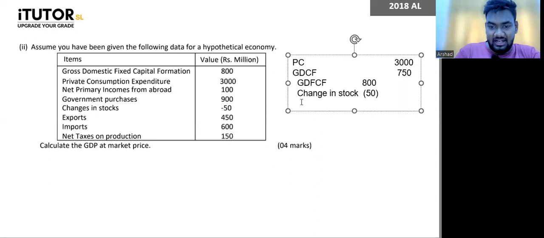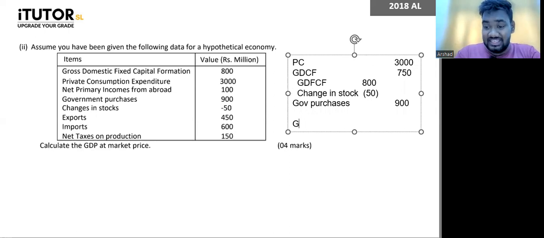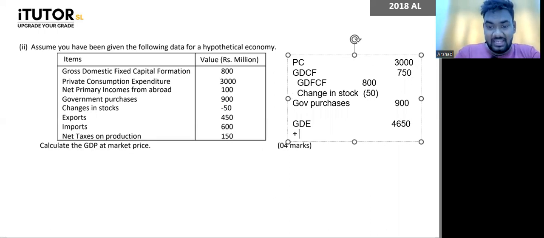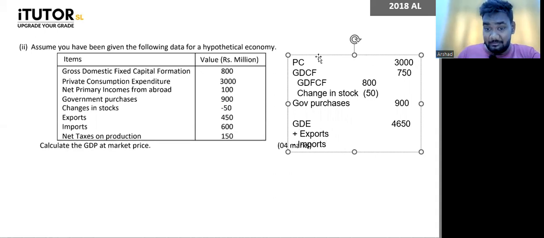Then you have government purchases. How much is that? That's 900. If you add all of this, you get GDE. How much is GDE? 3,900, 4,650. So GDE, if you add exports, if you minus imports, you get GDP.